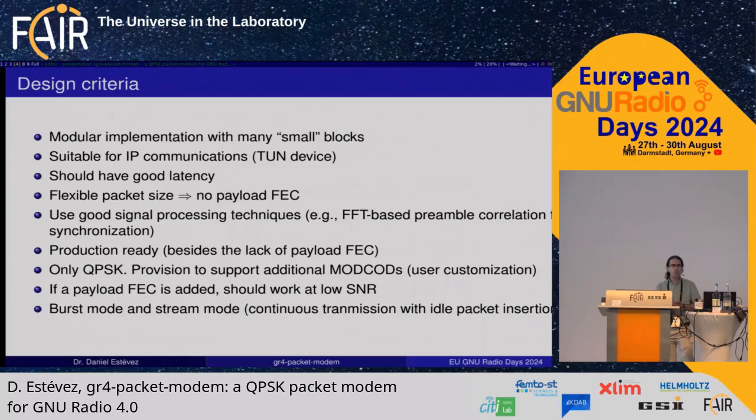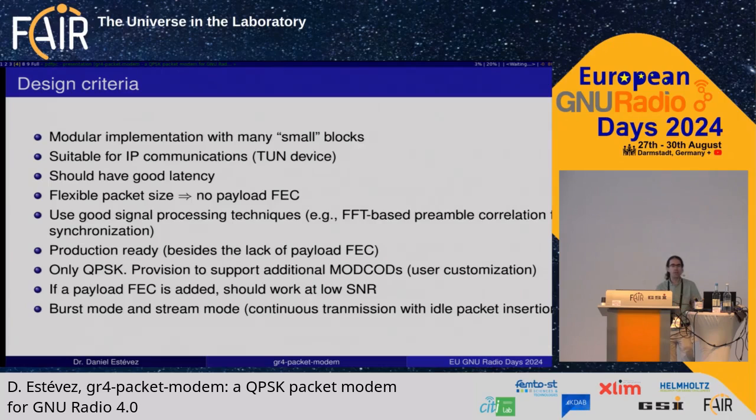When I began this project, the design goals or criteria I set to myself were the following ones. So I wanted to do a modular implementation with many small blocks. This is also the way I work in GR3. And for this project, I think that was really important because, first of all, if you want this to be usable by other people as examples or components of their applications and flow graphs, you need this one block per functionality rather than having your whole receiver in a single block.